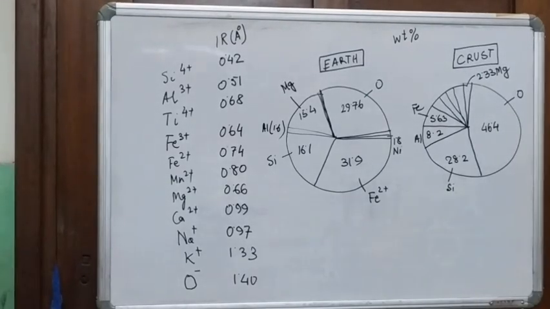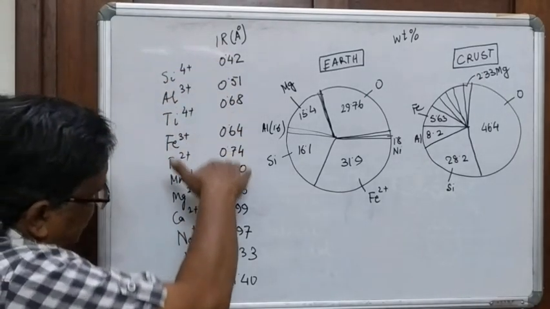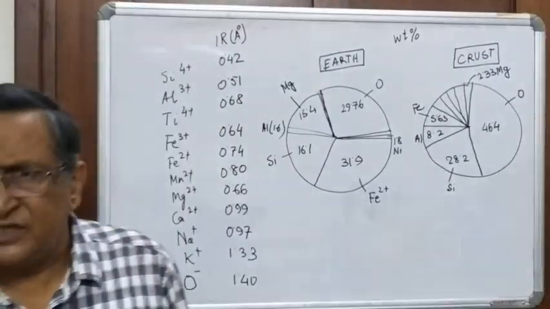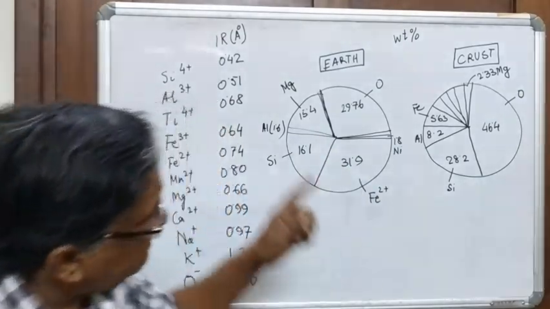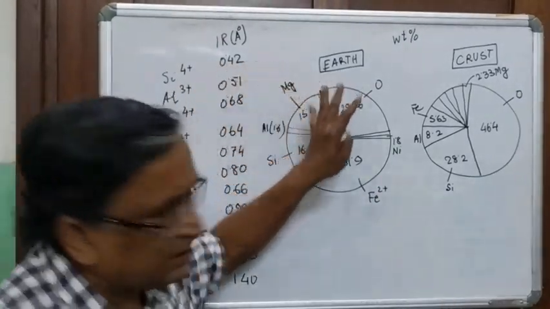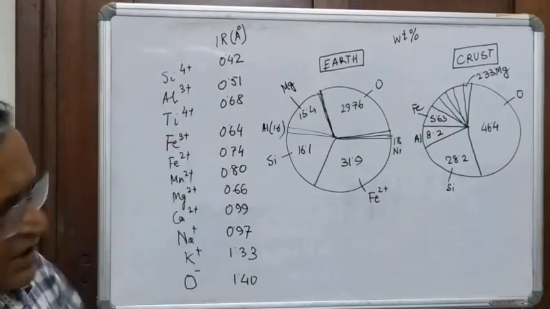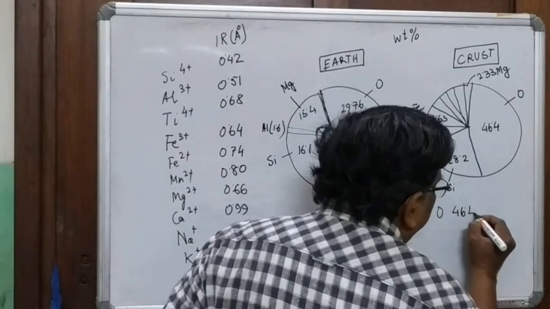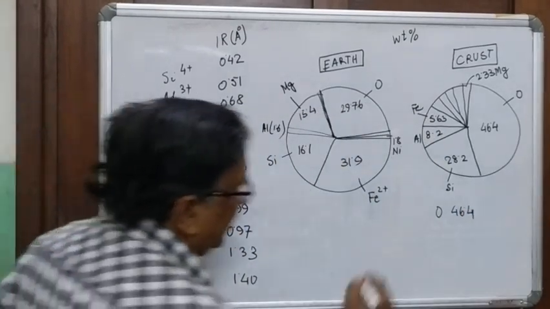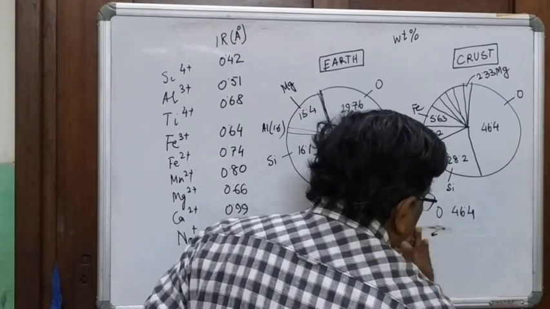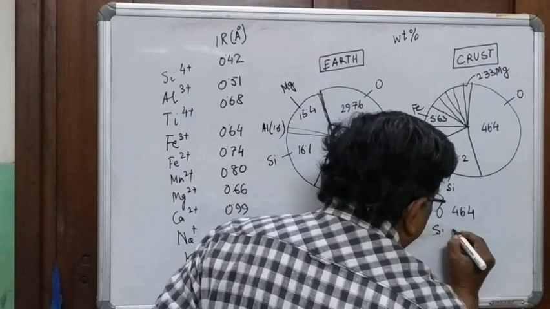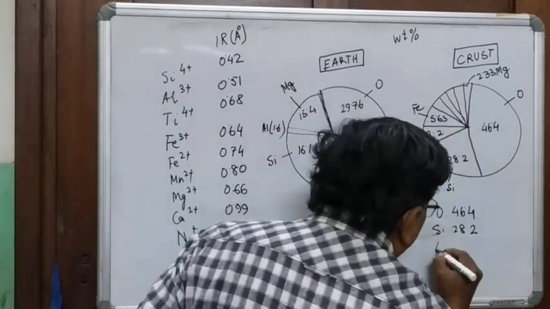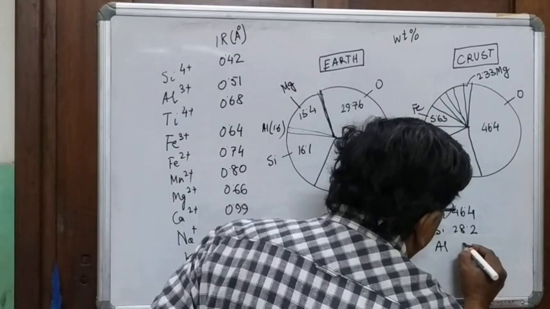So therefore, all these elements don't occur in the same abundance in the crust. They vary. If we ignore the Earth at the moment and take the crust, you can see oxygen is 46.4, silicon is 28.2, and aluminium is 8.2.